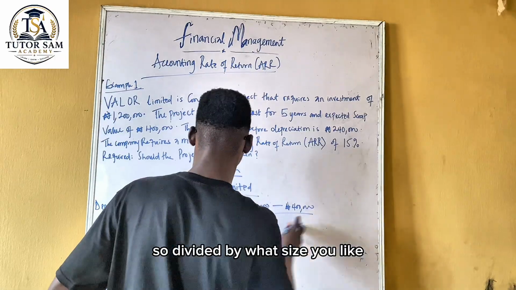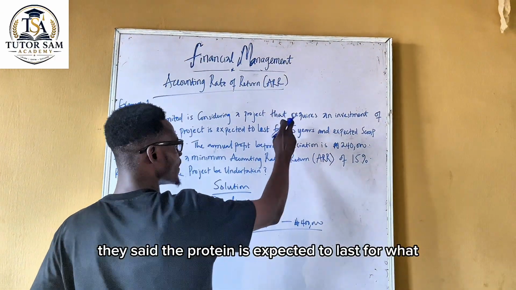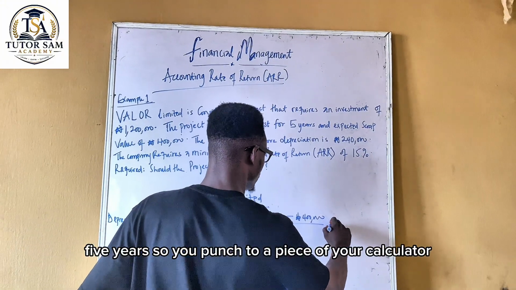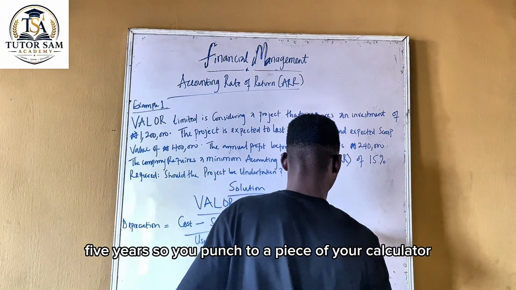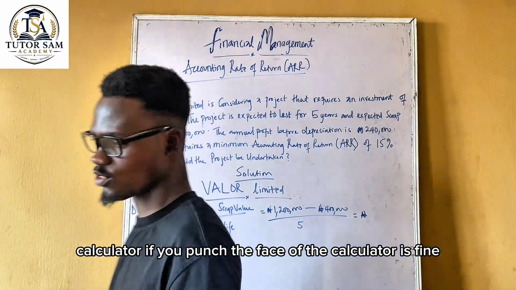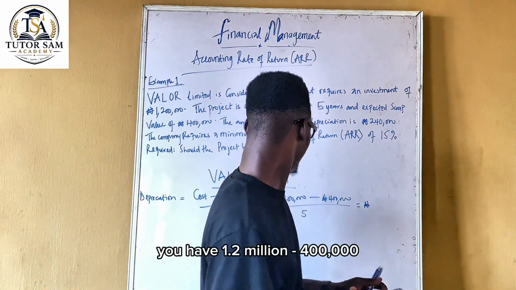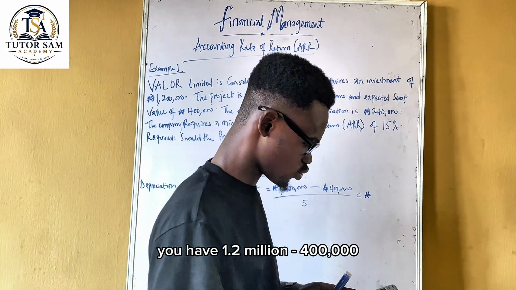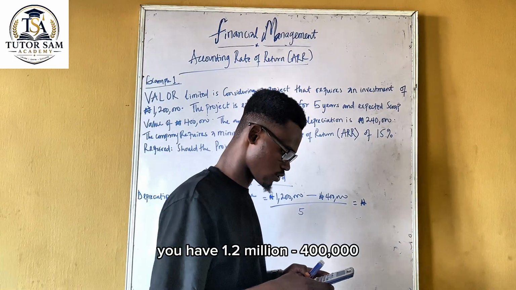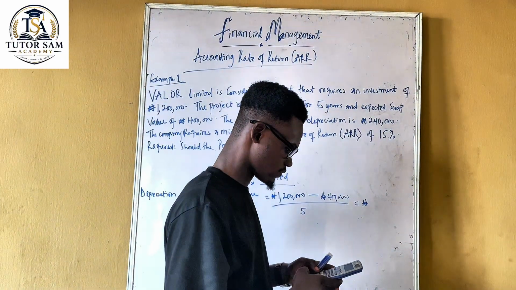So divided by what's our useful life? That's the number of years. They said the project is expected to last for what? 5 years. So when it comes to the calculator, you have 1,200,000 minus 400,000 divided by the 5 years.